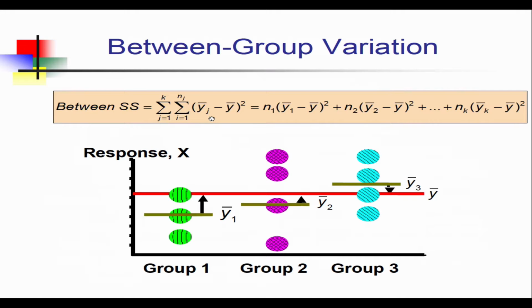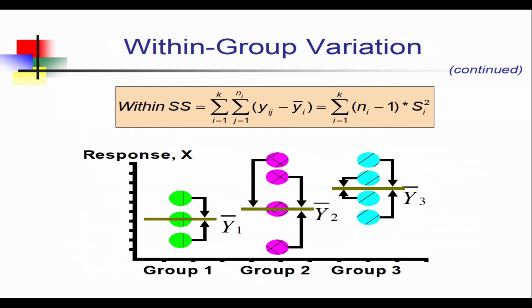For each group, we need to calculate the group mean first, yj bar. Then we use each yj bar minus the overall mean, looking at the difference from each group mean to the overall mean, square it, and sum over all the observations. This gives you the between sum of square. Okay?